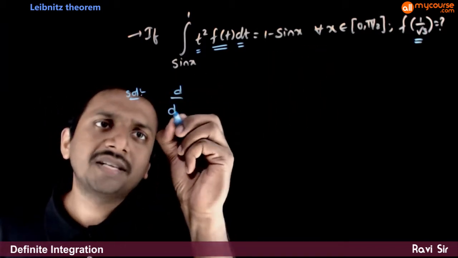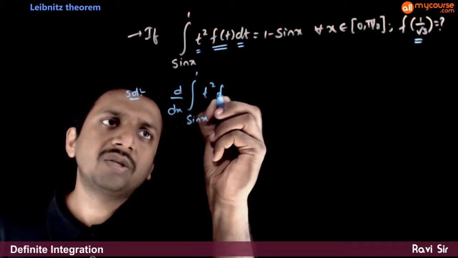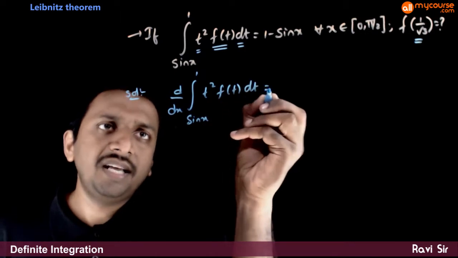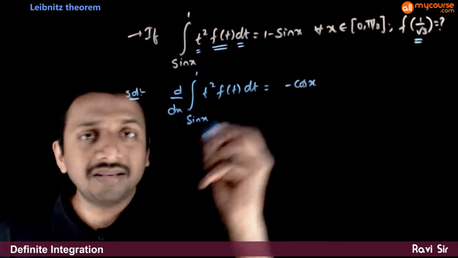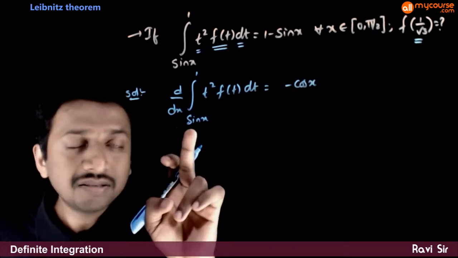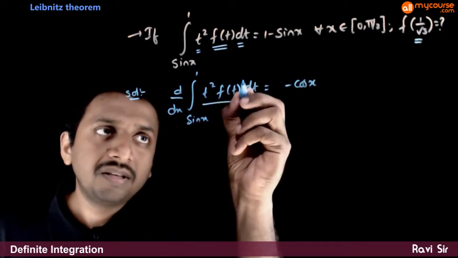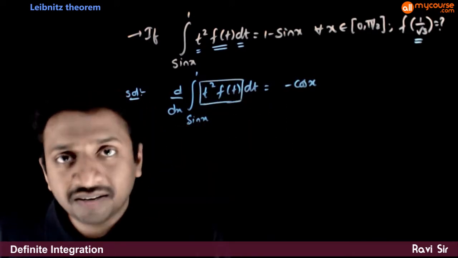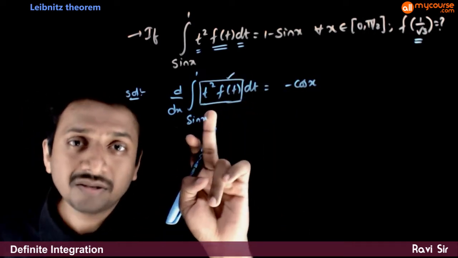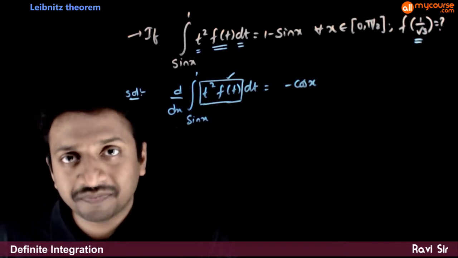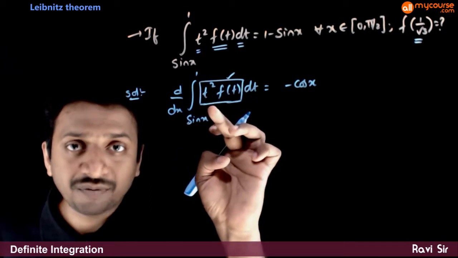So d by dx of integration sin x to 1 t square f of t dt is equal to d by dx of minus sin x, which is minus cos x. Now I'll apply Leibniz theorem to do this differentiation. The function inside the integrand is completely in terms of t, so it's not an implicit function. So directly we can use the first case. First we put the upper limit in the place of t.